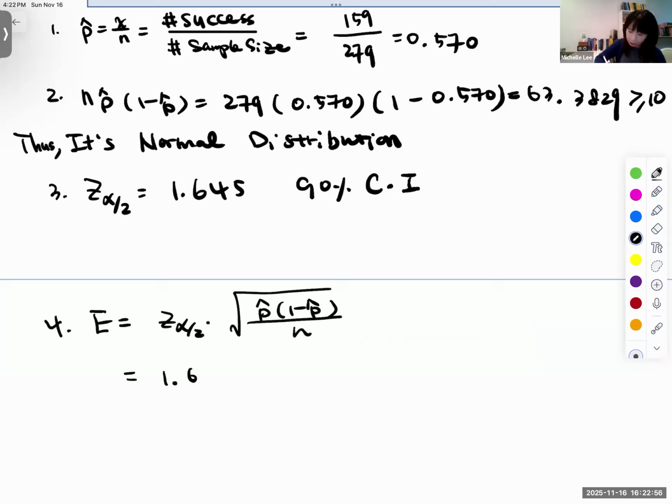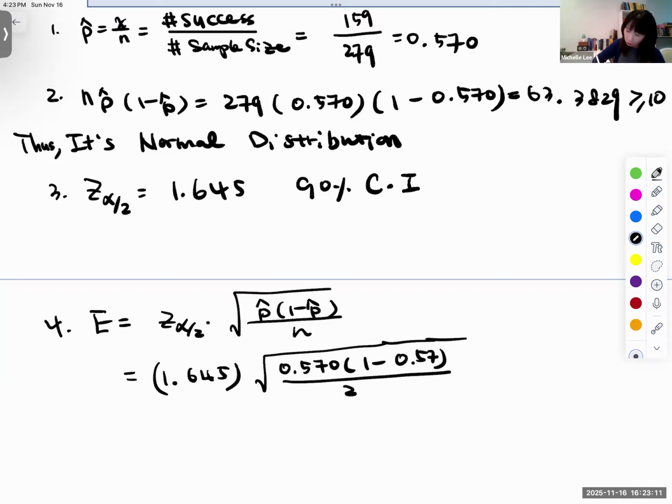So 1.645 and then the square root of p hat, which is 0.570, 1 minus 0.57, over n, 279. So what do you get? We have 0.0488.